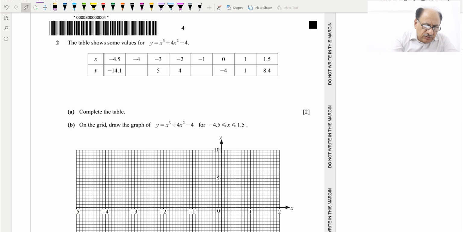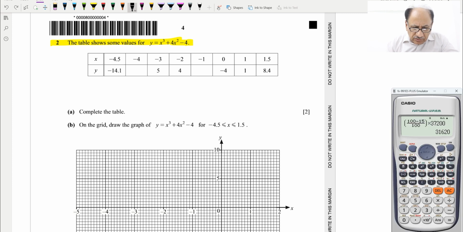Now this is question number 2, and a table of values is given, but some values are missing. This one is missing and this one is missing. 2 values are missing, so we need to fill these. A very easy method is just to type the equation: x cubed plus 4x squared minus 4.